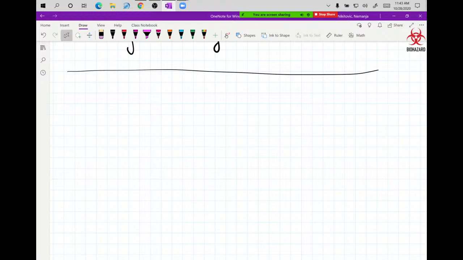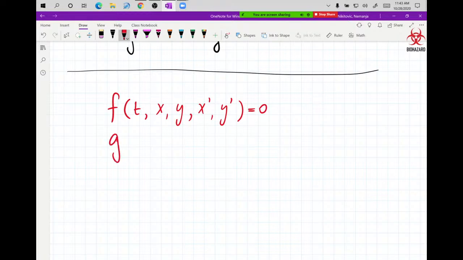So now let's take a look at the representation of these systems, and that would simply be a couple of differential equations. So some f of, and then you have your independent variable t, and then you have x, y, x prime, and y prime equal to 0, and g of t, x, y, x prime, y prime equal to 0.